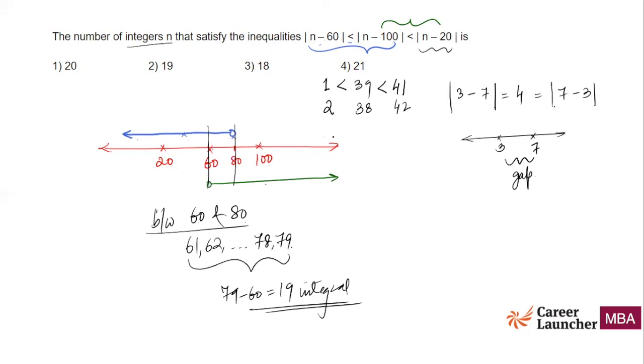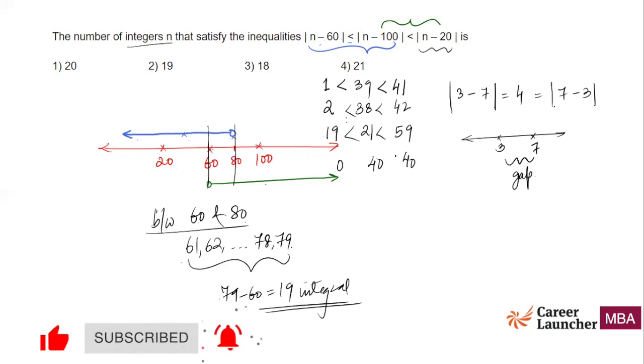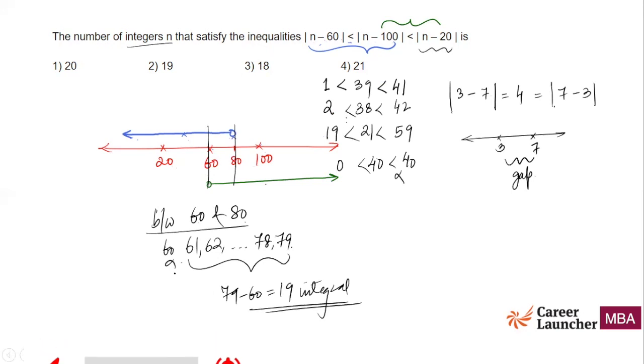If I put 79, this is going to be 19. Here, this is going to be 21. Here, this is going to be 59. So all of these values make sense. If I put 60, this is going to be 0, this is going to be 40, and this is also going to be 40, which will not make sense. So I can't have 60. A very conceptual question on modulus.